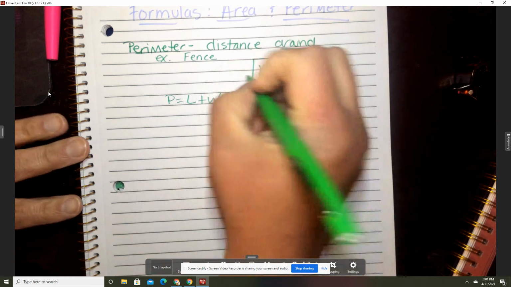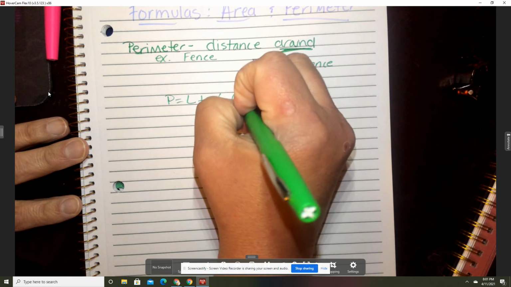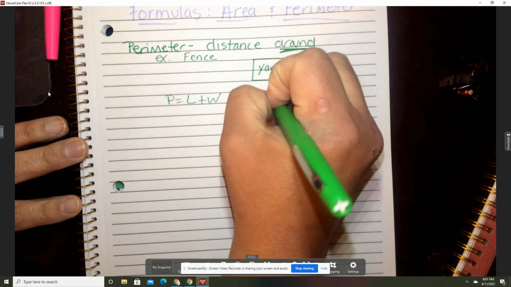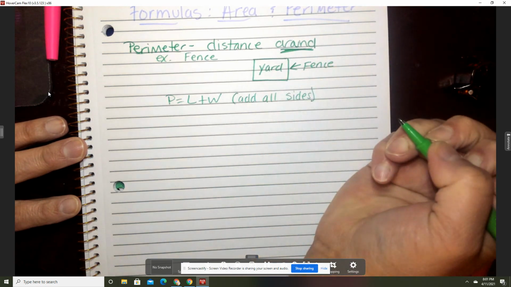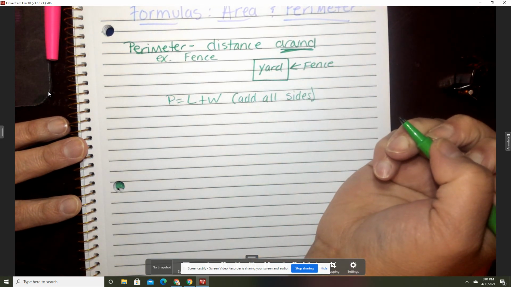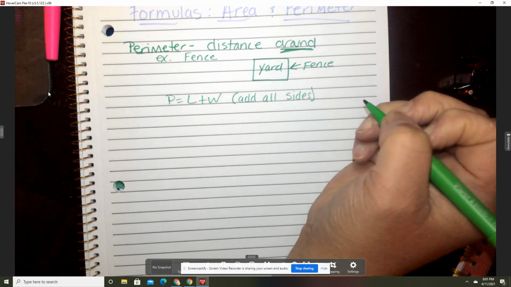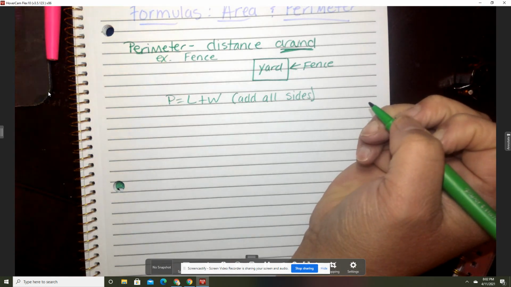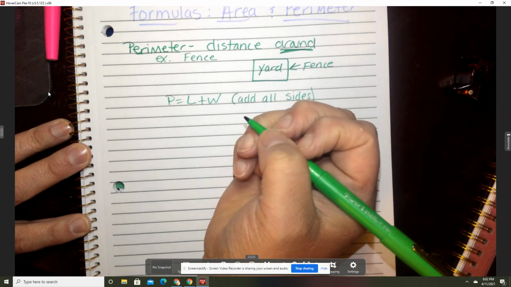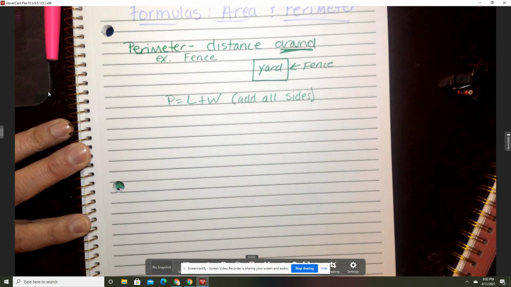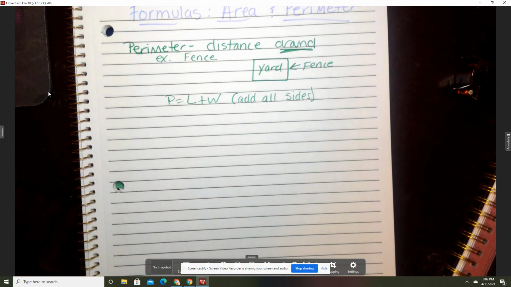So I'm going to put here, add all sides. Sometimes you will have perimeter for an octagon or pentagon, and those are just all the sides.